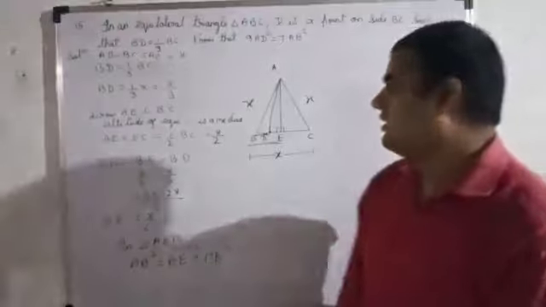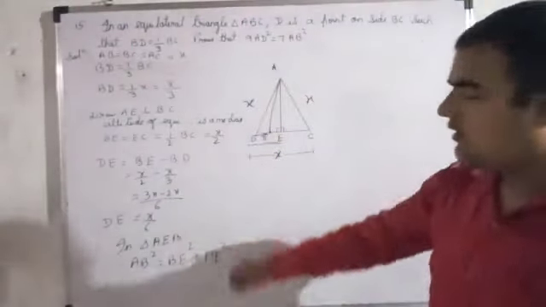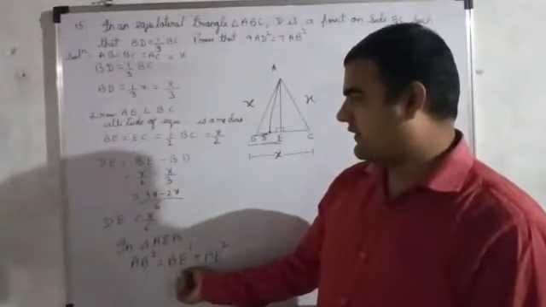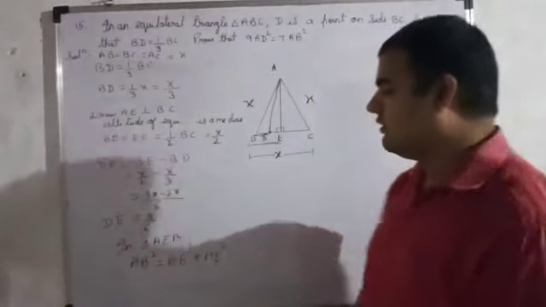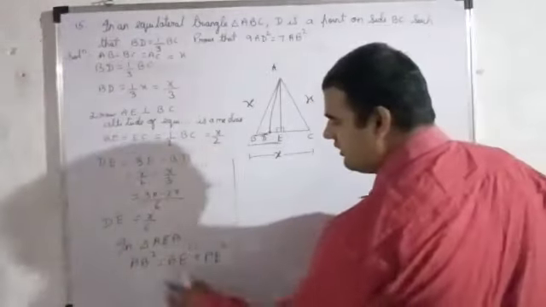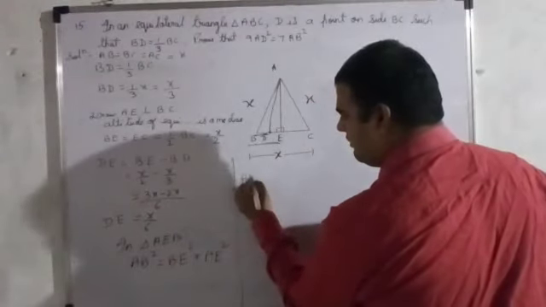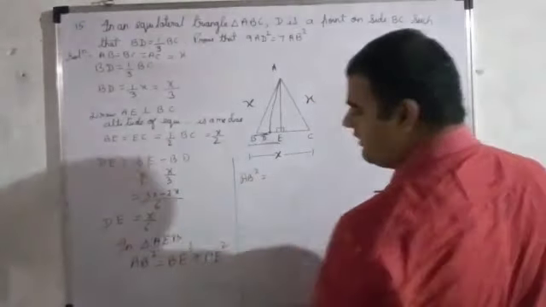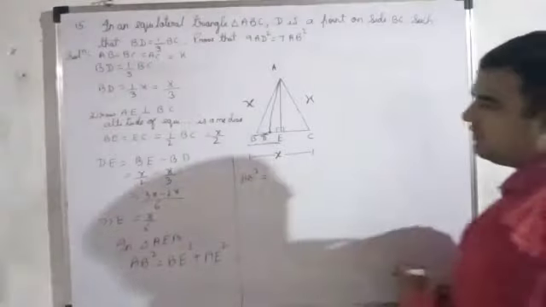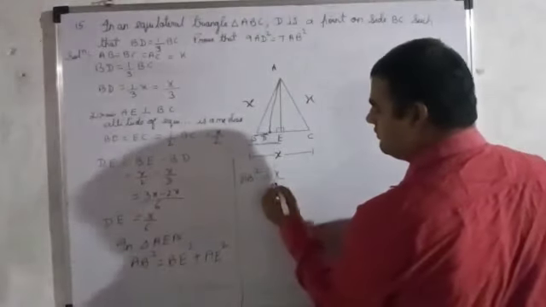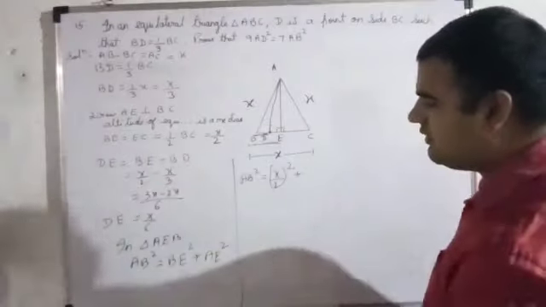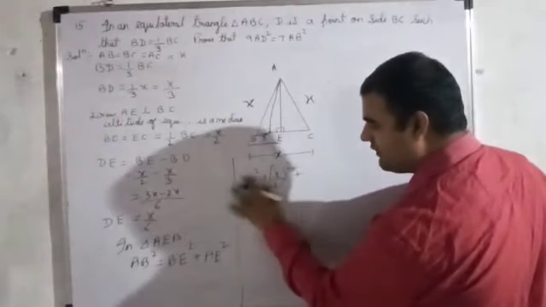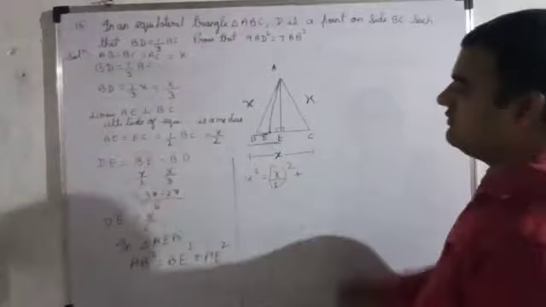We know AB is x, and BE is x by 2. We can directly write AB square, which is x square, equals BE square, x by 2 whole square, plus AE square.